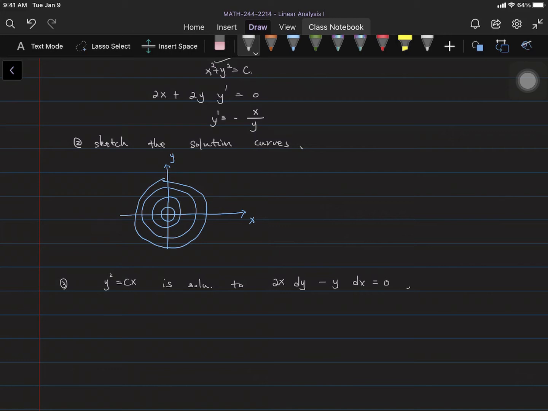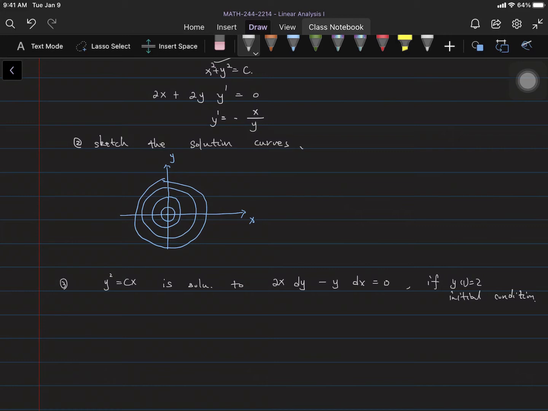And we want to find, if the initial condition is given, this is the initial condition actually, we can use the initial condition to fix the C, right?